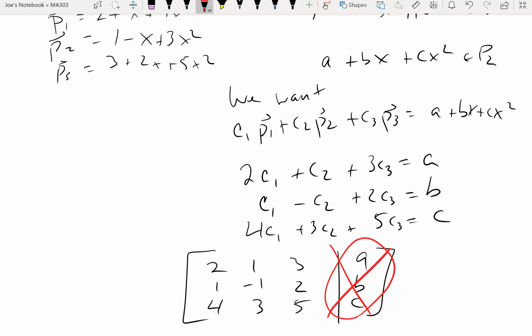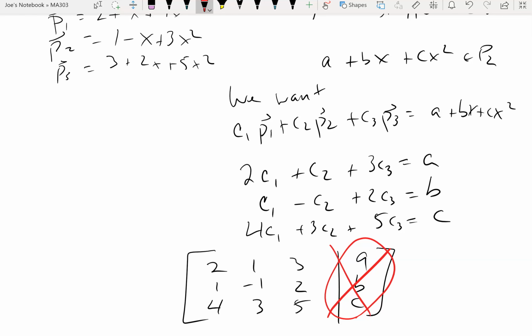Okay? So what that means is that if we row reduce this and I get a pivot in every row, it doesn't matter what the A, B, and C are. I can always solve it. Right? But if I row reduce and don't get a pivot in one or more rows, I can't always solve it, because you can imagine scenarios where you would row reduce and then down here you'll get something that's not a 0.